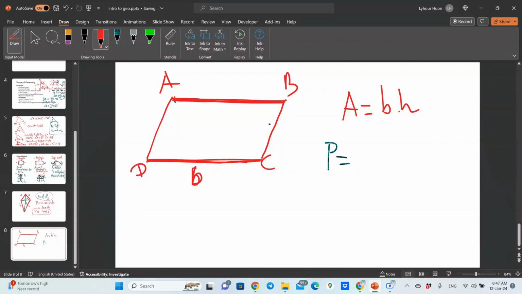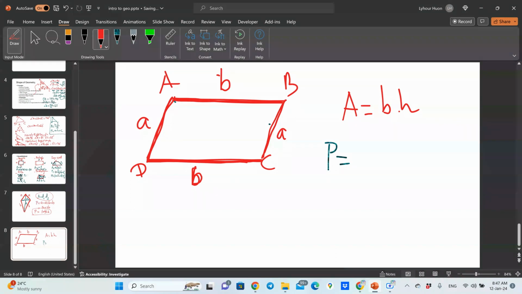So if DC is B, AB is also B. And if we denote AD as A, BC is also A. A is just the length of AD, and B is the base. Normally we denote it as the base.